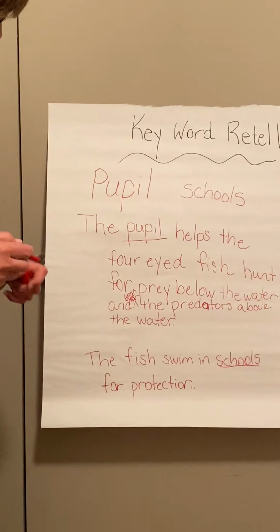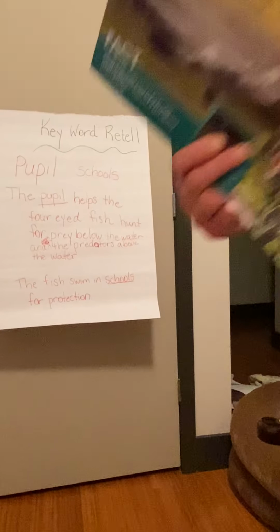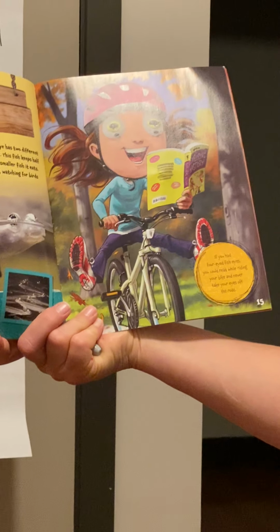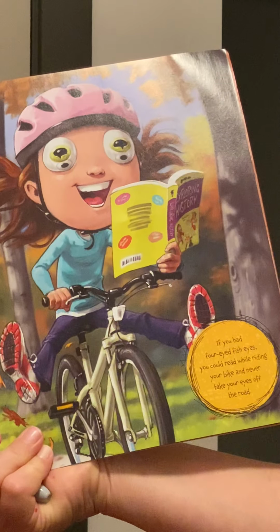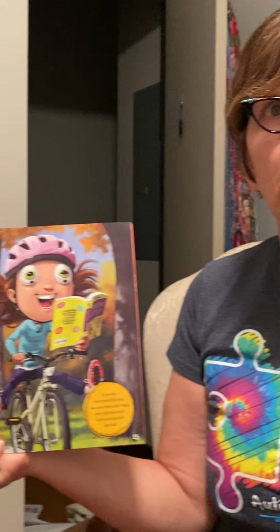And then the fish swim in schools for protection. There's one more little part of this, and I love this little part of the book. If you had four-eyed fish eyes, you could read while riding your bike and never take your eyes off the road. Wouldn't that be cool? You could ride your bike and read at the same time.